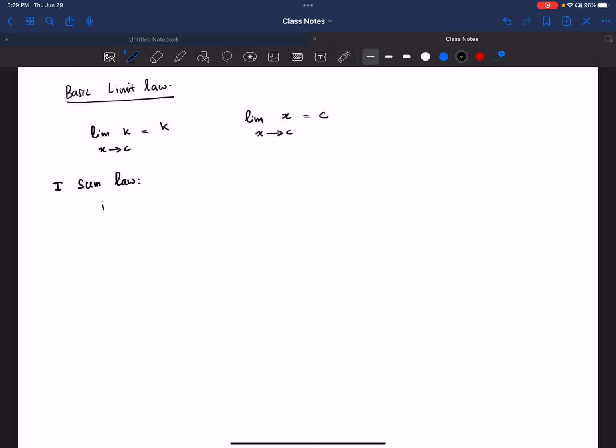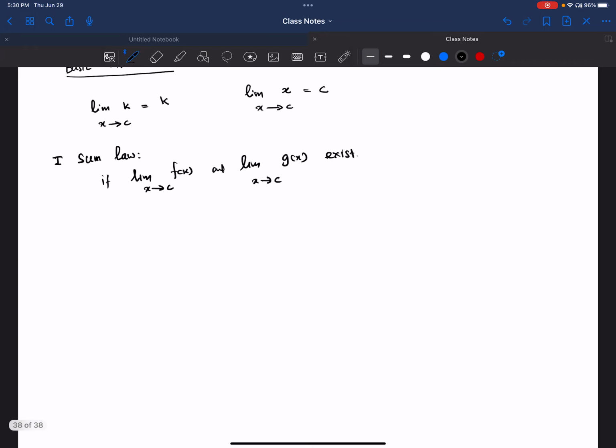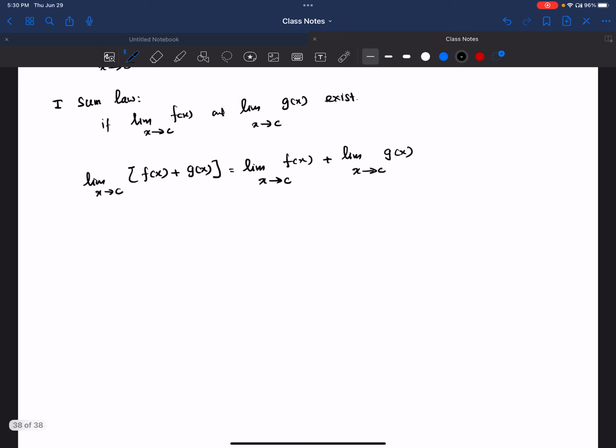If the limit as x goes to c of f of x and the limit as x goes to c of g of x exist, then the limit as x goes to c of f of x plus g of x equals the limit as x goes to c of f of x plus the limit as x goes to c of g of x. That's the first one.